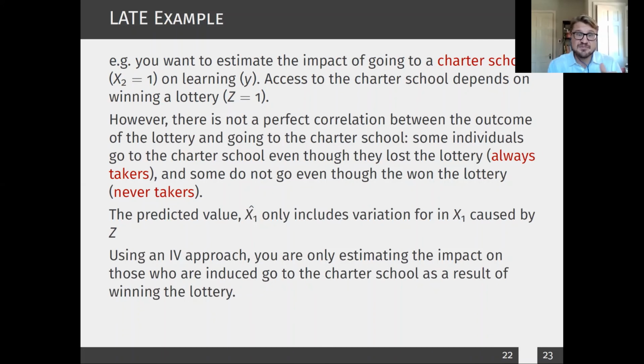So when you use this IV approach, when you calculate the treatment effect of going to a charter school, you're only looking at the estimated treatment effect on a subset of individuals who change their behavior as a result of the lottery. You're only looking at the impact on those who, as a result of winning the lottery, are now sending the kids to a charter school, and in absence of doing that would not have sent the kids to a charter school. We don't know what the impact is on the always takers, and we also don't know what the impact is on the never takers, those who never end up sending their kids to charter schools.